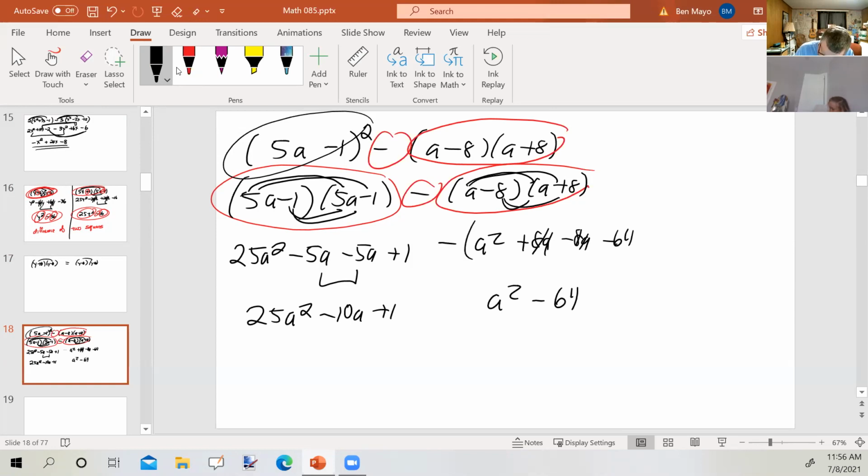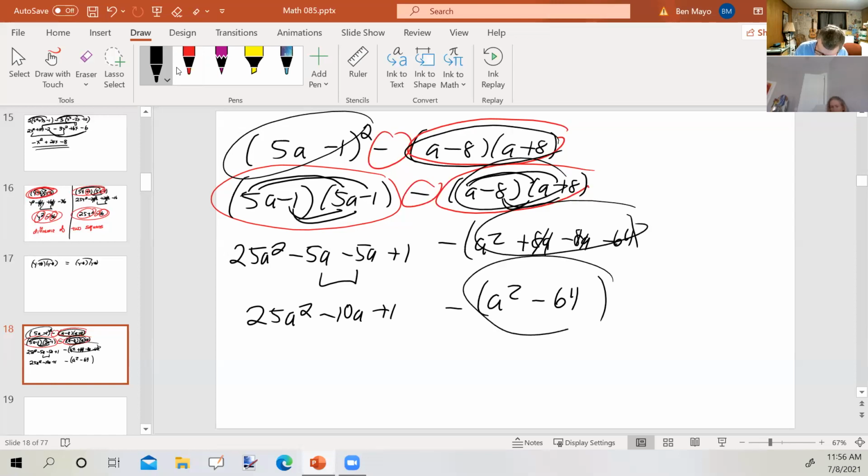But I'm subtracting the whole result. So I've got to subtract the quantity. I need to quantify this and this and this and this, so that I distribute the subtraction sign like this: minus a squared minus times minus plus 64.